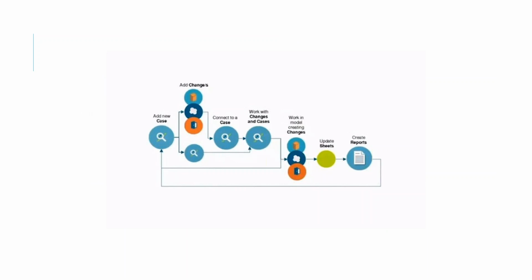In theory, how does it work to use the Revision Manager? We start in BIMeye, we start up a new case, and when we have started the new case, we enter the design tool, for example Revit. We add information, typing in what kind of changes we have made. When we have done that, we connect the changes to our case, for example we'll call it PM1. Then we can work with our changes in the database and in the design tool.